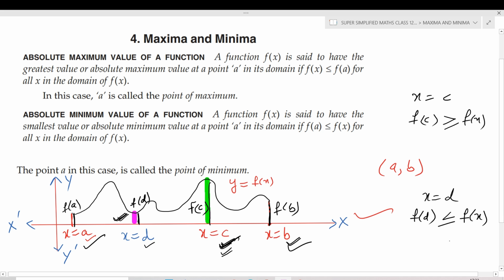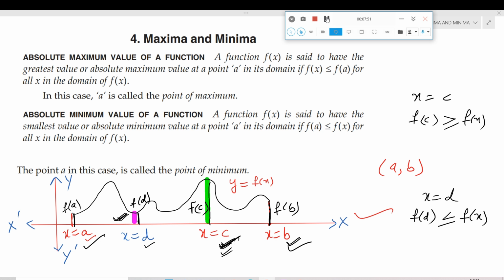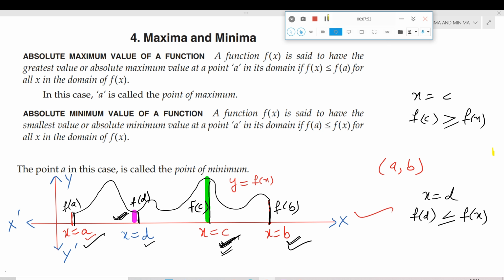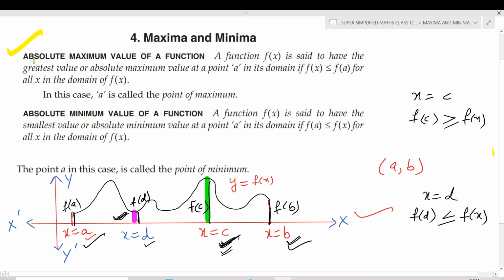And hence we have the formal definition of absolute maxima and absolute minima. So now students, you can go through this definition of absolute maximum.